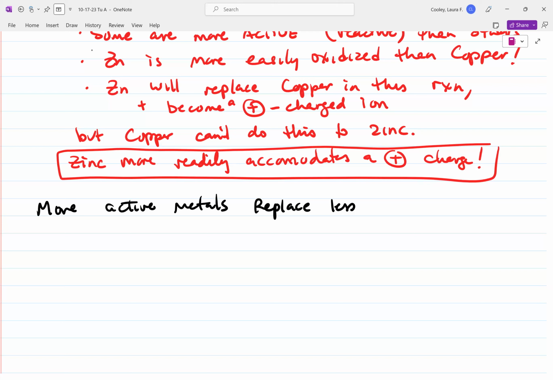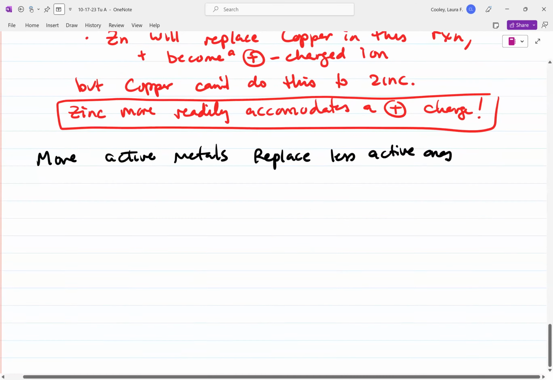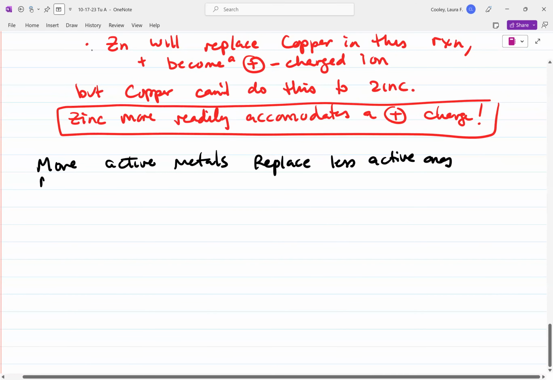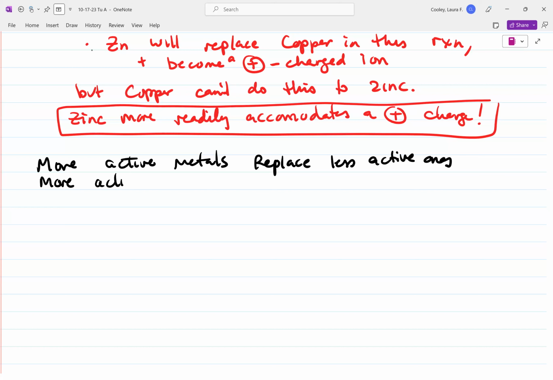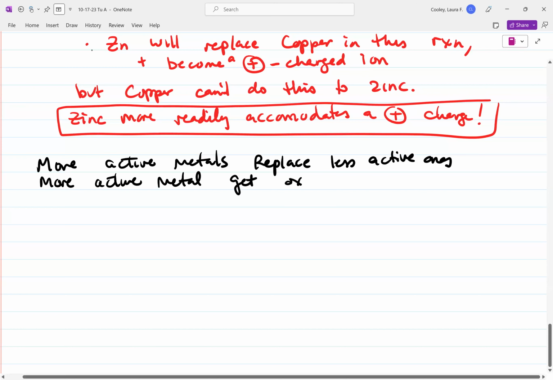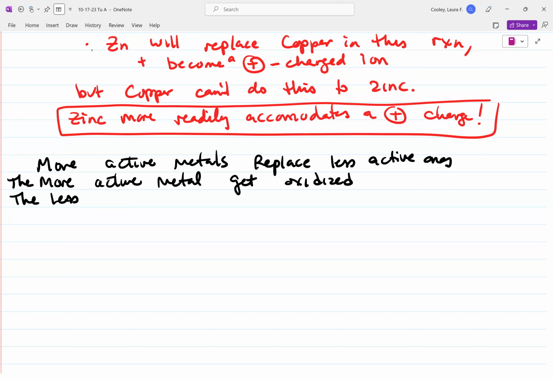So more active metals replace less active ones. And so the more active metal gets oxidized, the less active metal gets reduced.